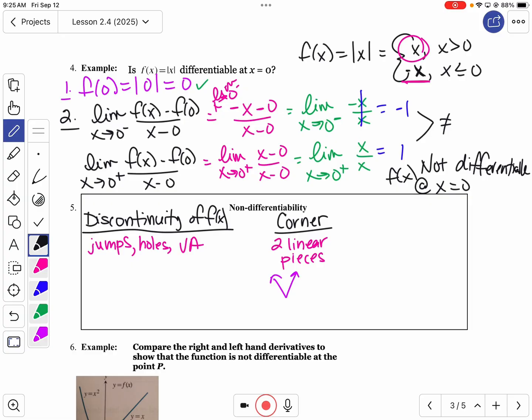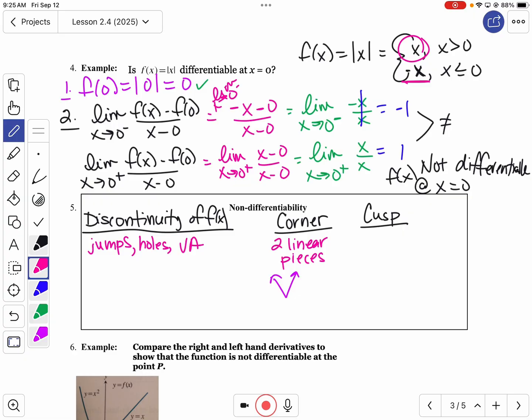And what's going to happen there is that your two limits are going to be opposite signs. So like in your absolute value, one was positive 1, one was negative 1. If it's a corner, the derivative would be positive 1/2 on one side, negative 1/2 on the other. They may not be the same value, but they'll be opposite signs. Then you have a cusp. A cusp is where we're going to have curves that come together in a sharp point.